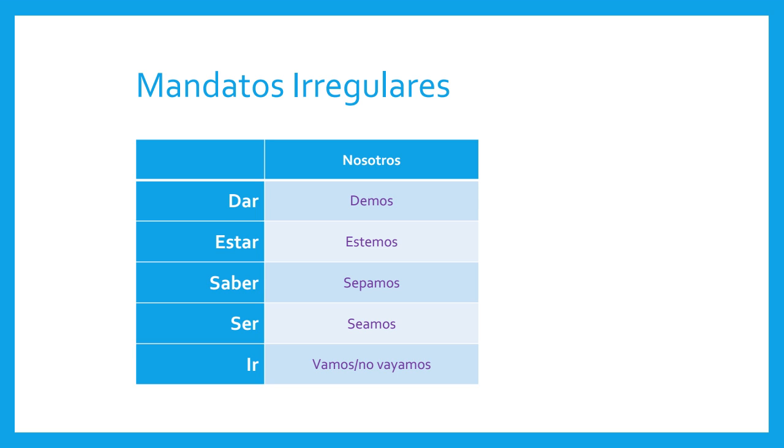Ir, if it's affirmative, it's vamos, and if it's negative, it's no vayamos. All the other ones are the same regardless of whether it's an affirmative or negative command. Demos, no demos, estemos, no estemos. But for ir, you're telling a group of people that you all want to go somewhere, vamos a la playa. If you don't want to go to the beach, then you would say, no vayamos a la playa.